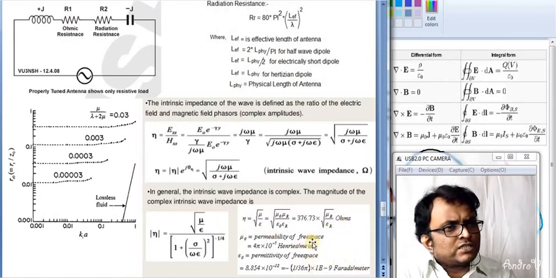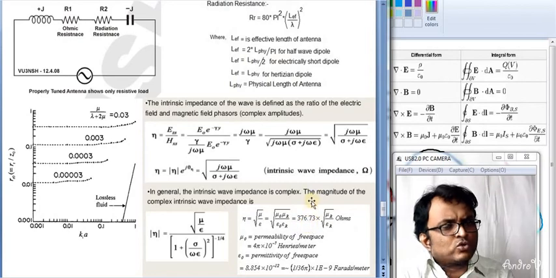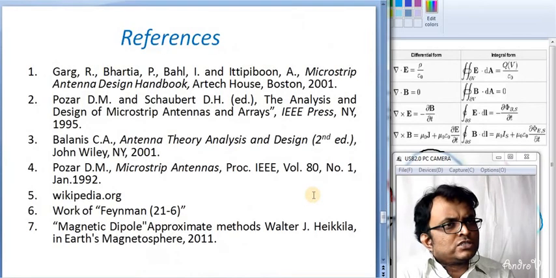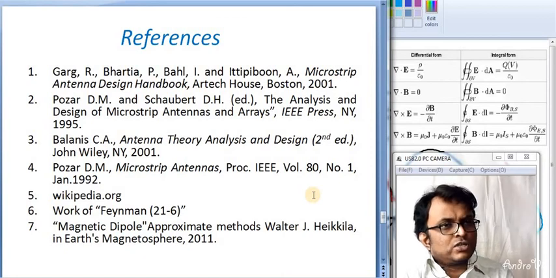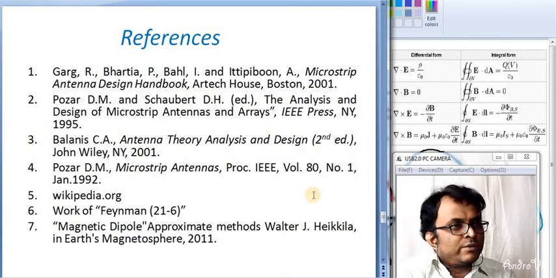Putting these values, we get nearly 377 ohm. So this is about how the impedance and radiation pattern work, and what type of antenna is useful for what communication; I have given an almost complete overview.